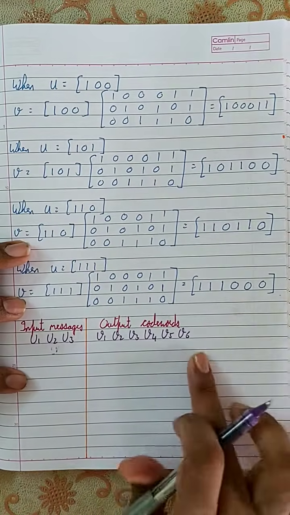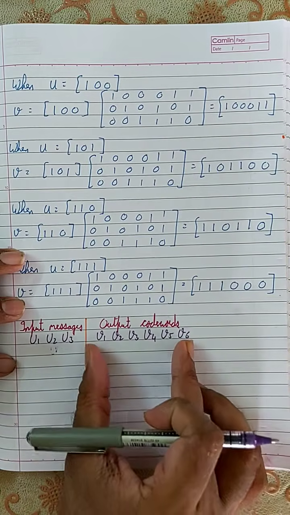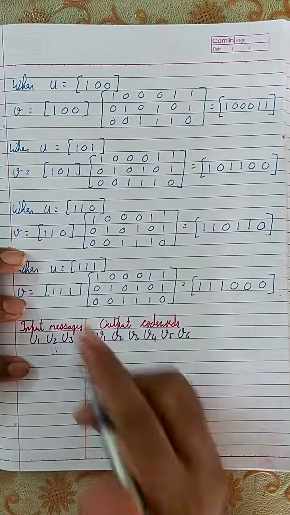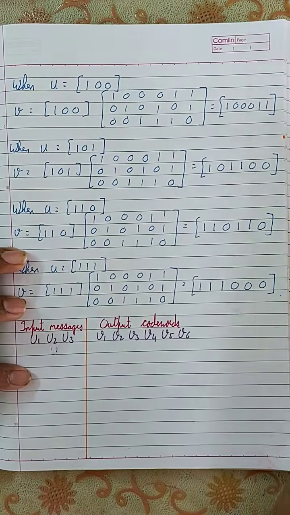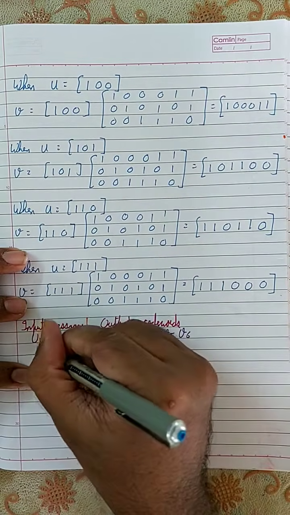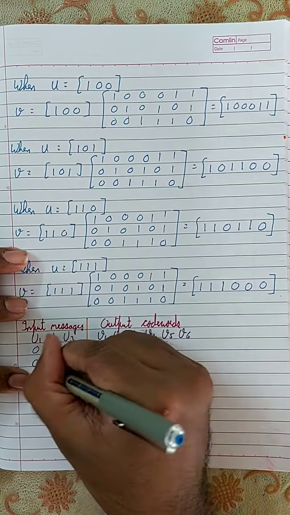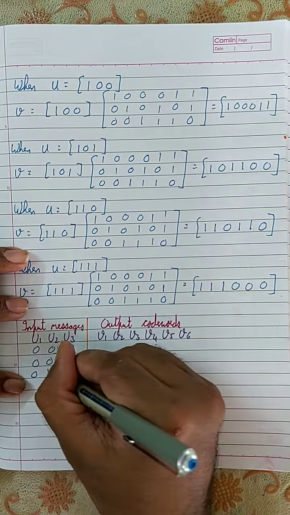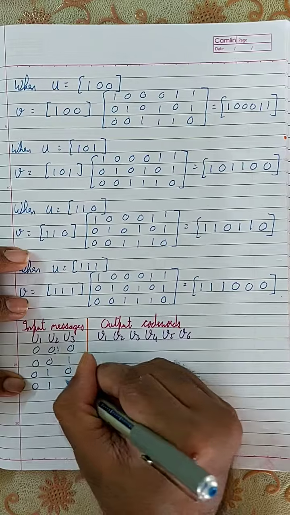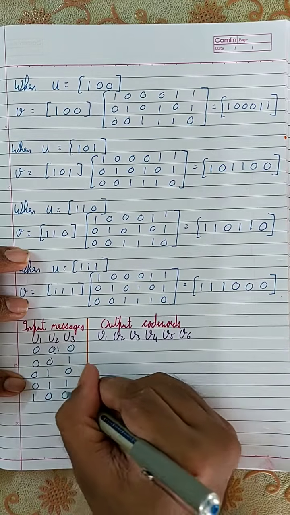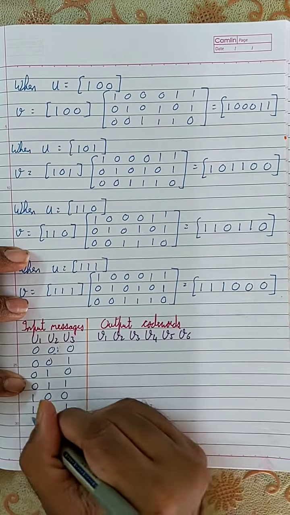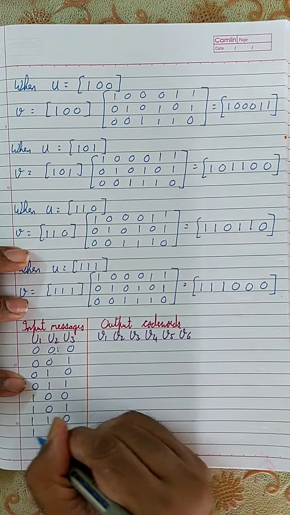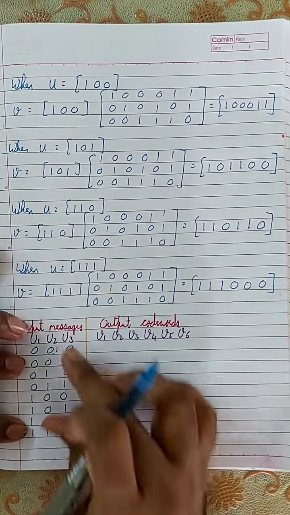These are the output message bits or output code bits. Then what are the different messages? The different messages are 0 0 0, 0 0 1, 0 1 0, 0 1 1, 1 0 0, 1 0 1, 1 1 0 and 1 1 1. These are the different messages.